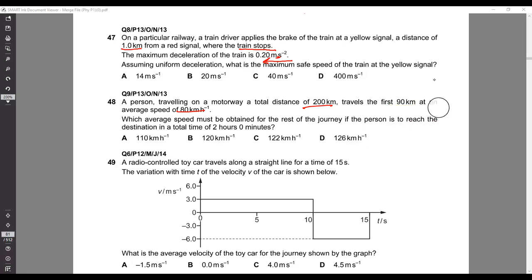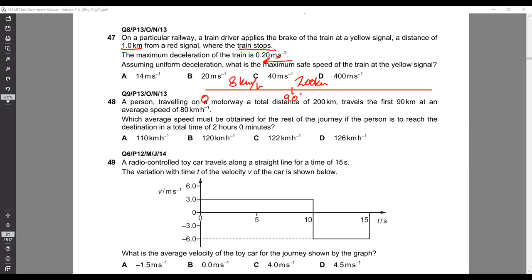Okay, it's better to draw the picture to understand what's happening here. So the total distance is 200 kilometers, right? So the first 90 kilometers, from 0 to 90, is covered with a speed of 80 kilometers per hour.